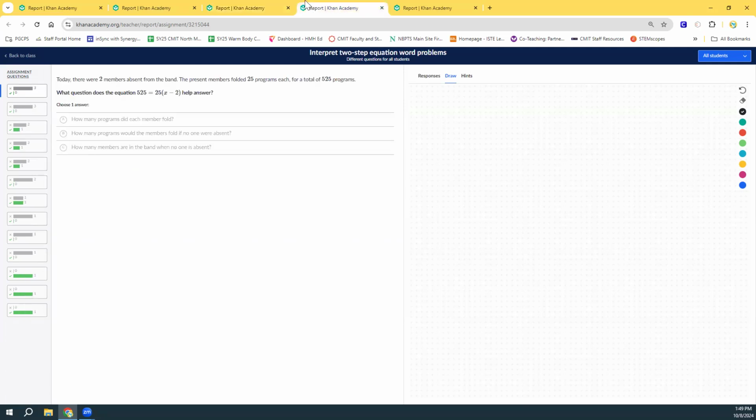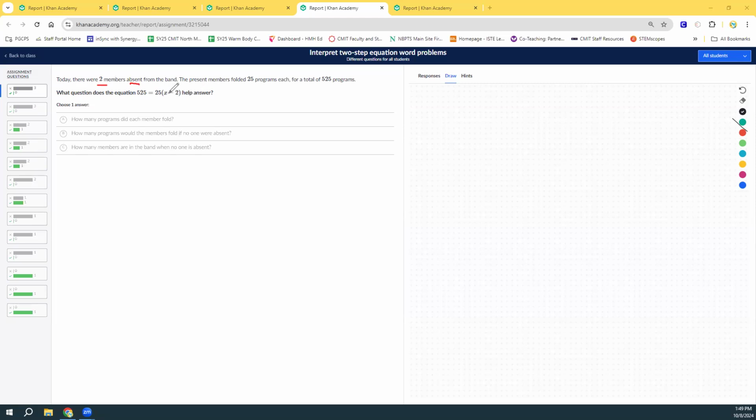Let's do this one though. Today, there were 2 members absent from the band. The present members folded 25 programs each for a total of 525 programs. What question does the 525 equals 25 times the quantity x minus 2 help answer? Okay, so the 2 members absent.